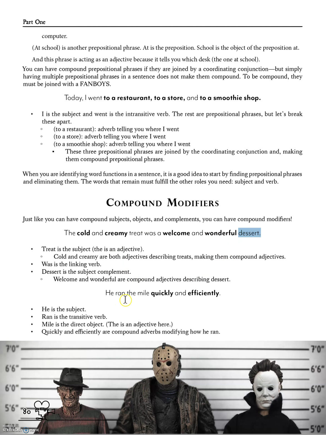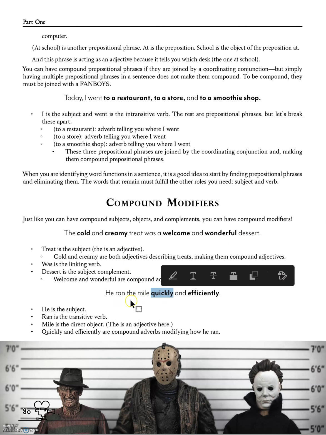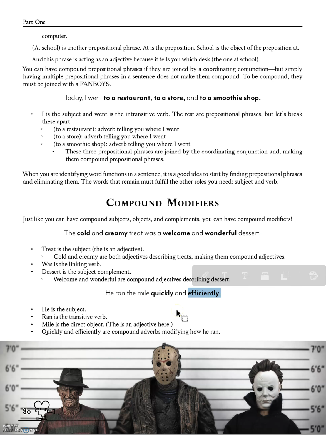You can also have compound adverbs, right? Quickly, how did he run it, right? And efficiently is another way. How did he run the race? Or the mile, sorry. So quickly and efficiently are acting as compound adverbs there. So you can have two of each. That's fine. You can have three. You can have five. I don't know that that would be convenient for your reader, but you can have multiple modifiers.